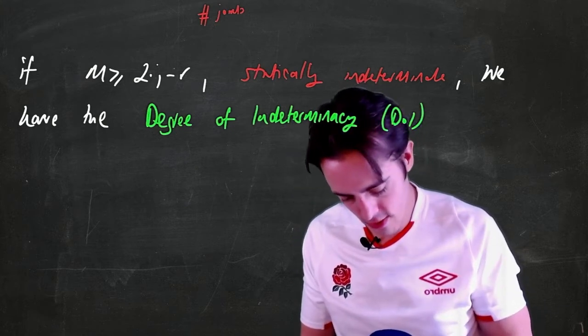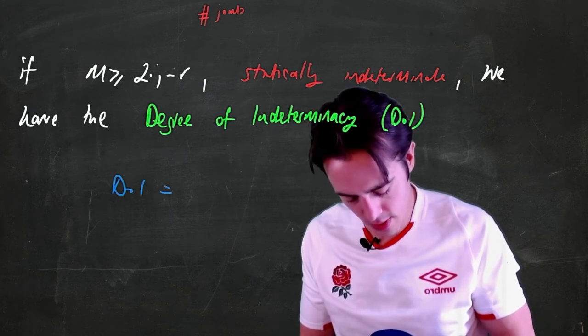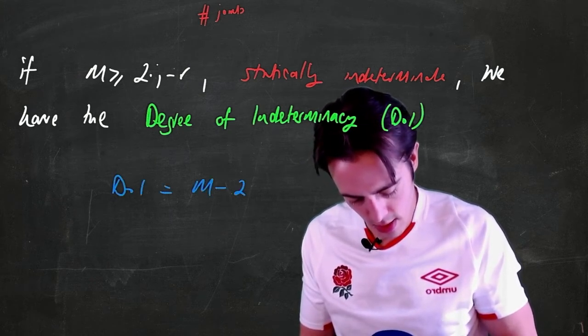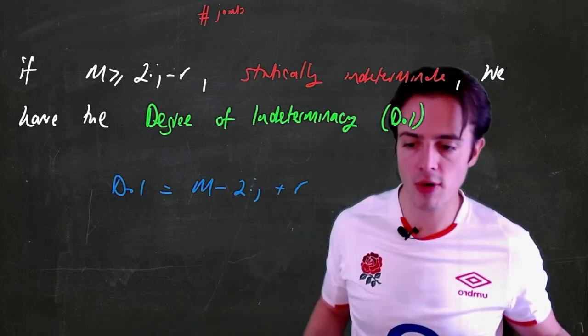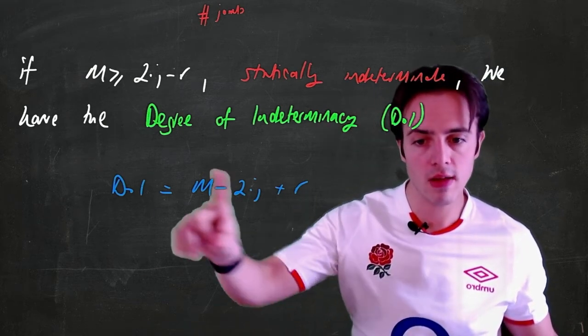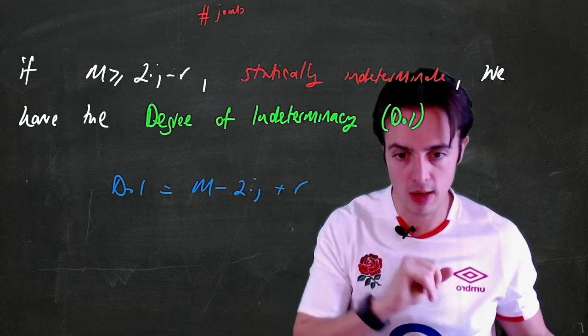So that is therefore DOI is equal to m minus 2j plus r. And for our purposes in this problem, we're going to be looking at degrees of indeterminacy of 1 mainly.